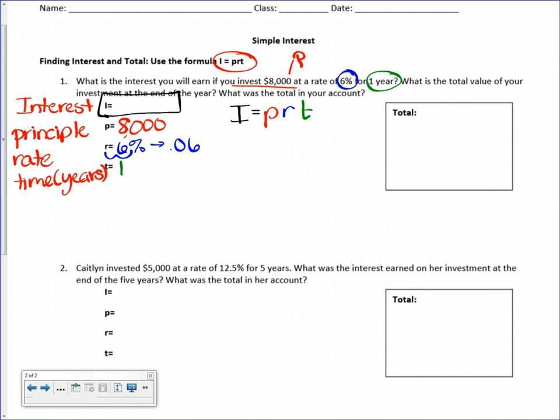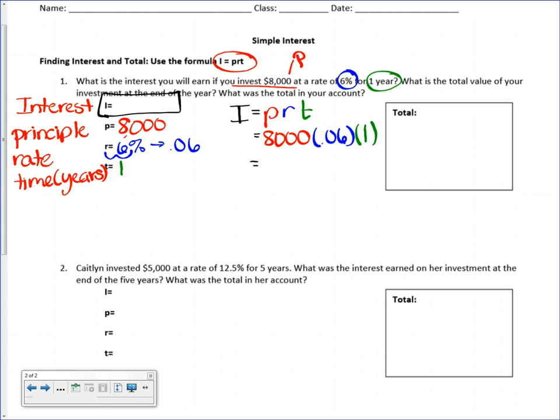So we're going to substitute the values that we know into our equation. So P, we said our principal is $8,000. So I'm going to put $8,000. My rate, R, we said is 0.06. And our time, T, is 1.